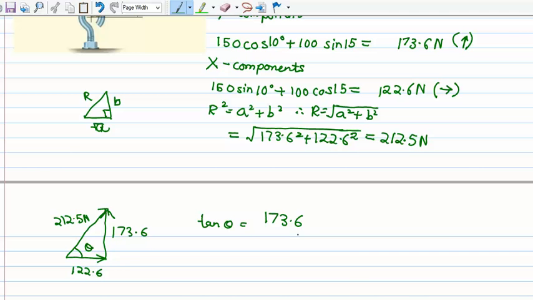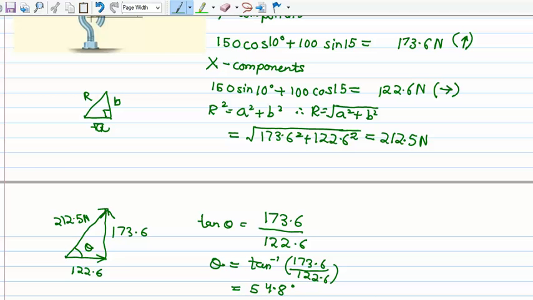So 173.6 divided by 122.6. Once you solve this on your calculators, you'll get theta equals 54.8 degrees from the positive x-axis.